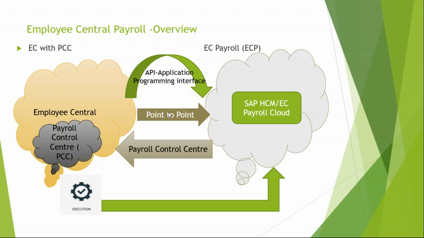Otherwise, the system doesn't know it, because 1, 2, 3 is a configuration value of your ECP, not EC. The 1, 2, 3 wage type should be created in the ECP system. Then to get the master data, we have to use P2P or data replication.